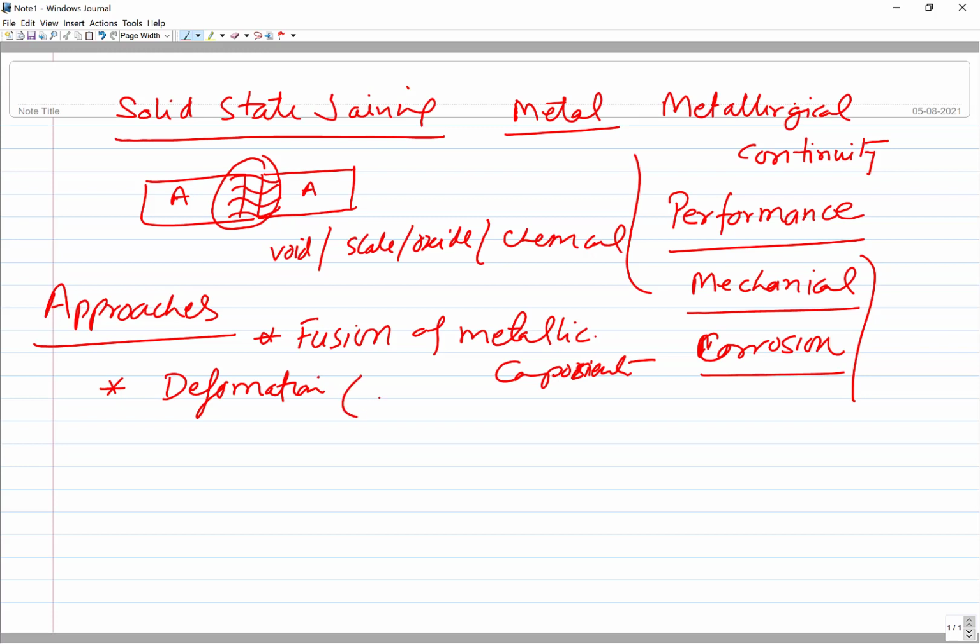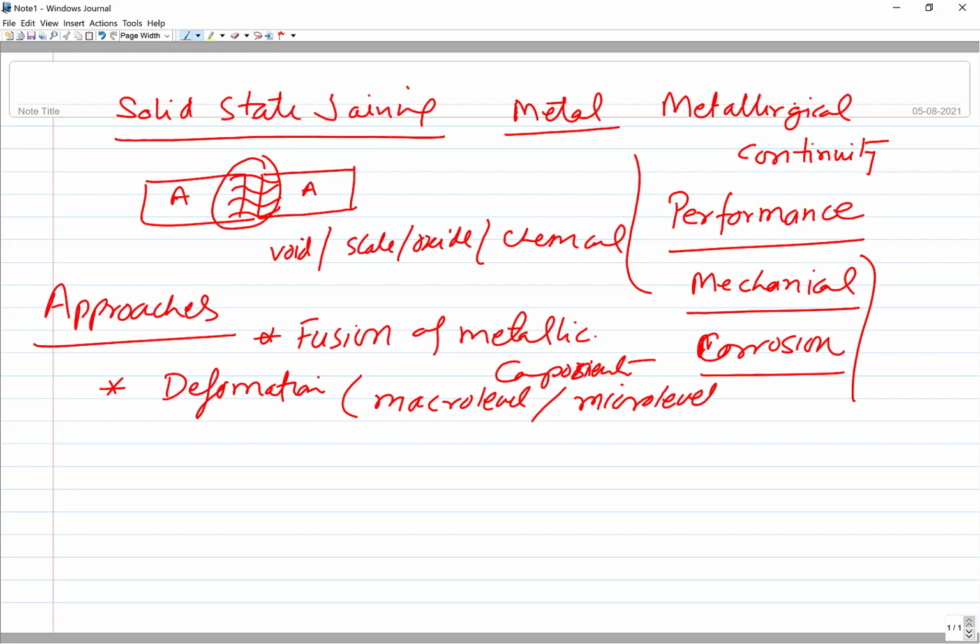This deformation of the metal to be joined may be at macro level, where you deform the metal by a few centimeters, or it can be micro level deformation.